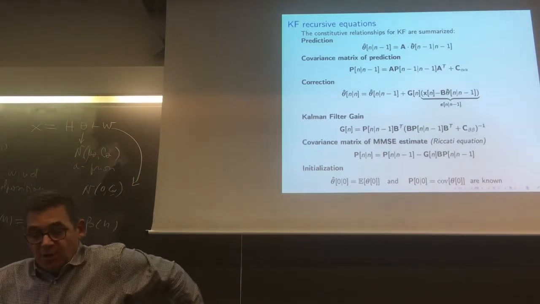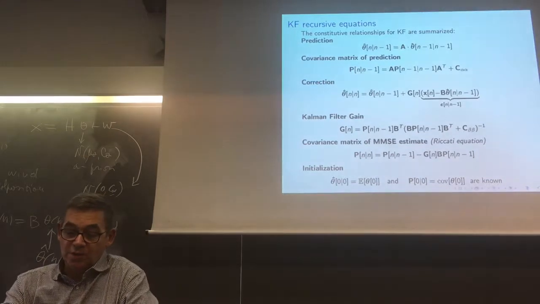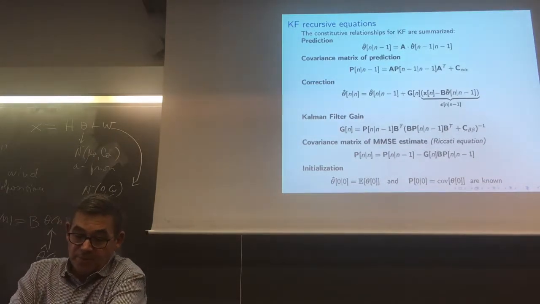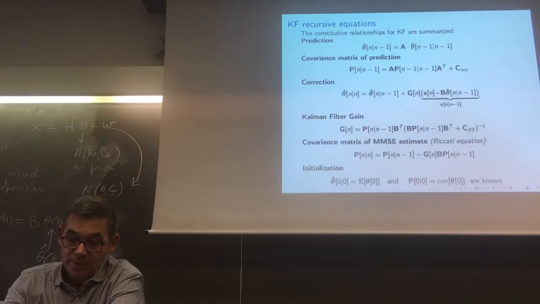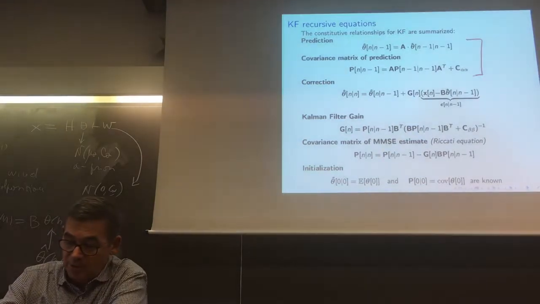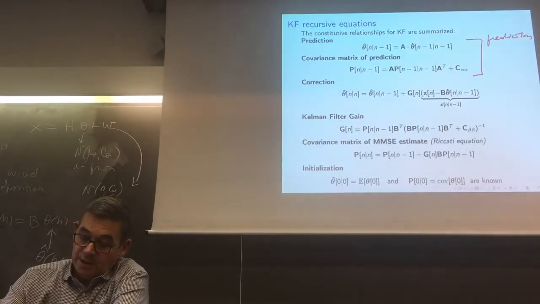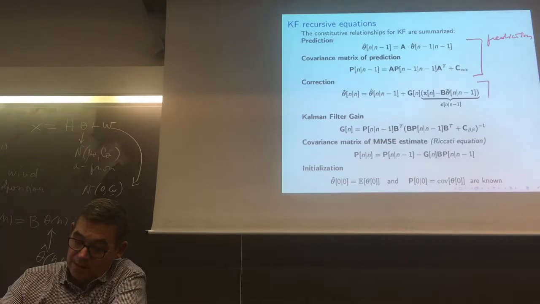So the set of recursive equations is the following. On the prediction, I need to update the mean and update the covariance of the prediction. This comes from the prediction. And then this comes from the update.